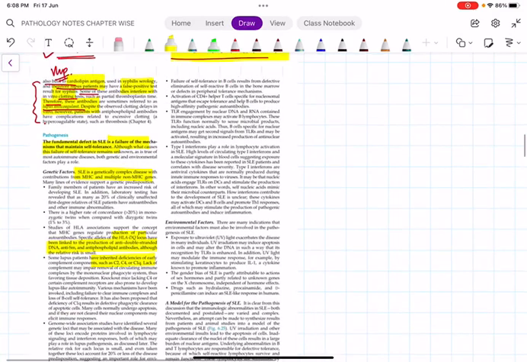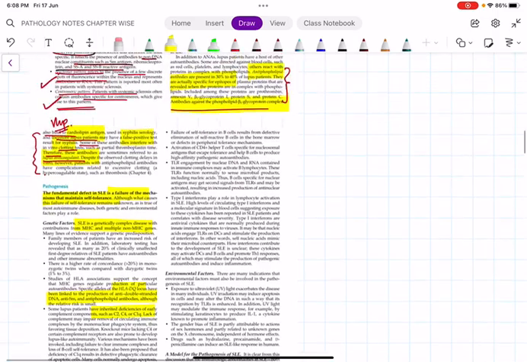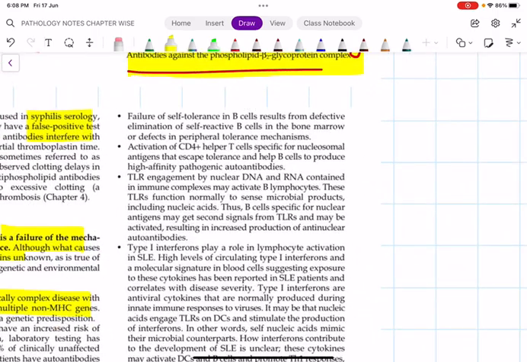These are the two important points you have to remember as far as genetic factors are concerned. Then coming to the immunological factors. First, failure of self-tolerance in B cells, activation of CD4 helper T cells, then toll-like receptor engagement by nuclear DNA and RNA. Finally, immune complex deposition; these immune complexes will be deposited in the tissue and cause further tissue injury.